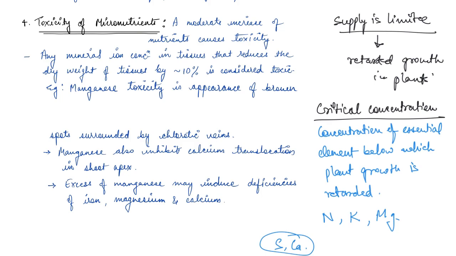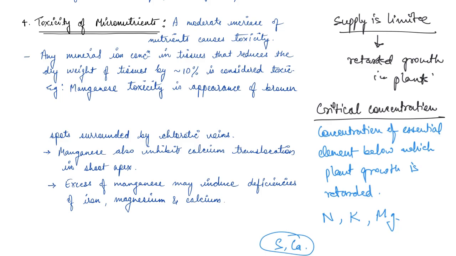So sometimes excess of one element may inhibit uptake of another element as well. There is a very famous toxicity which is manganese toxicity, right? So in manganese toxicity, what happens? There is an appearance of brown spots which are surrounded by chlorotic veins, right?